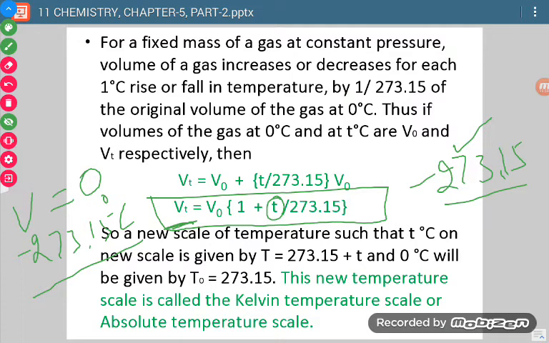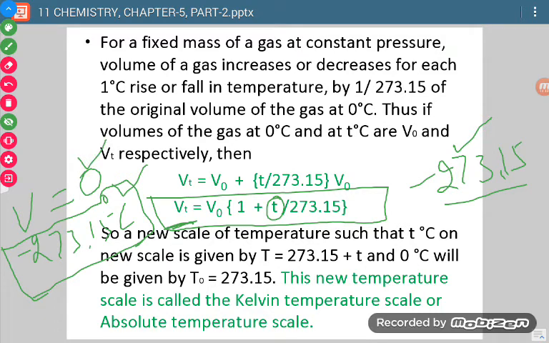So what does it mean? It means theoretically that when we attain this temperature for any gas, suppose I am having one cylinder of any gas, and I am taking that gas to this temperature minus 273.15 degrees Celsius, then volume of gas will become 0.